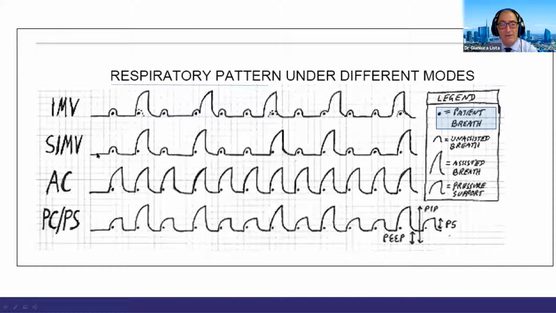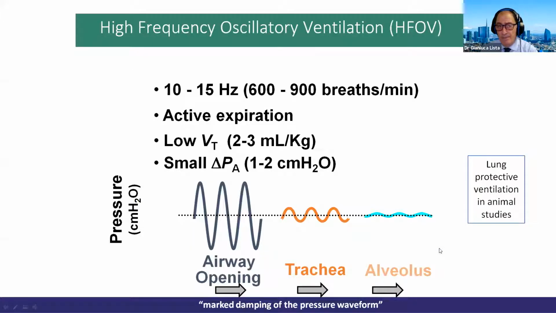During the SIMV, between the synchronized ventilation, the baby is left to have a spontaneous breath. During the assisted control, each spontaneous breath is supported by the mechanical ventilation. And during pressure support ventilation, the spontaneous breath is supported only with a pressure support over PEEP.